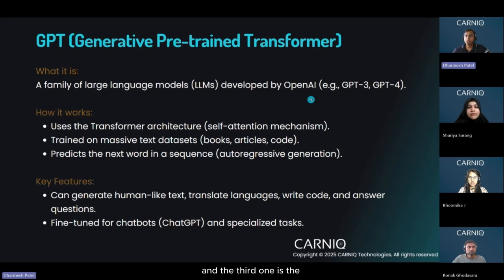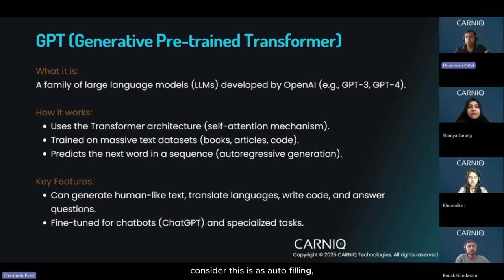The third one is that it predicts the next word within the sequence. This is called autoregressive generation. This is also a basic concept of how the transformer works. Initially we used RNNs to translate word by word, and then gradually the transformer was developed.